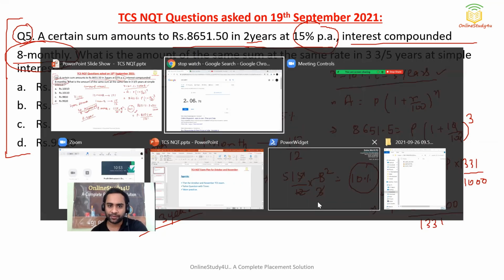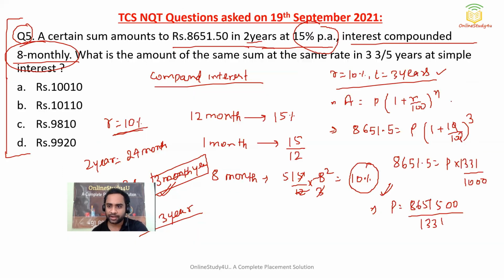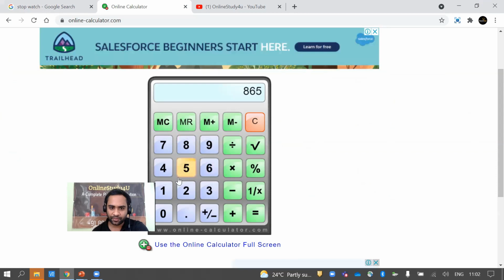Now we will have to use the calculator. Already 2 minutes have gone. 8651500 divided by 1331 is equal to 568750.